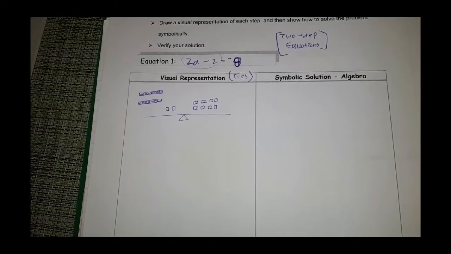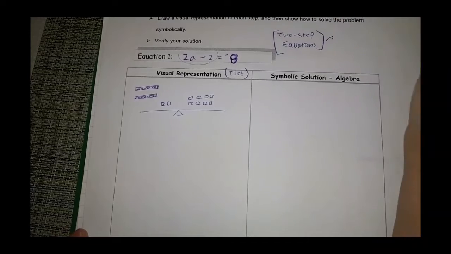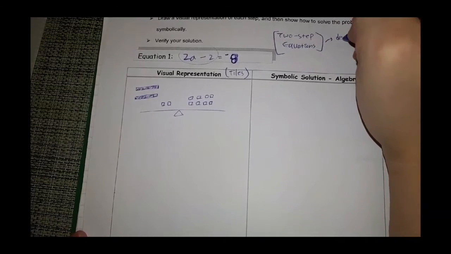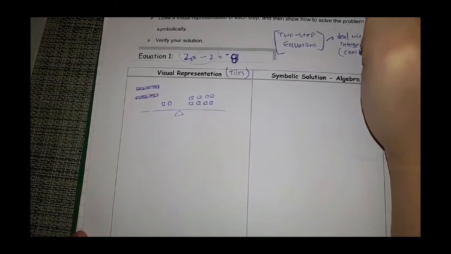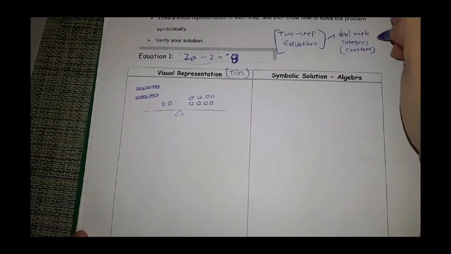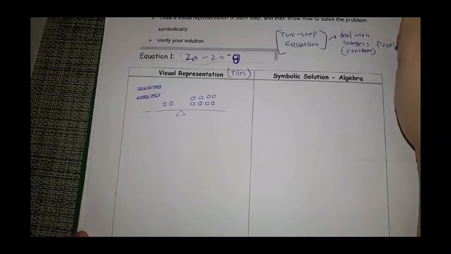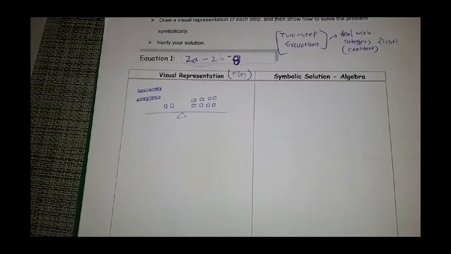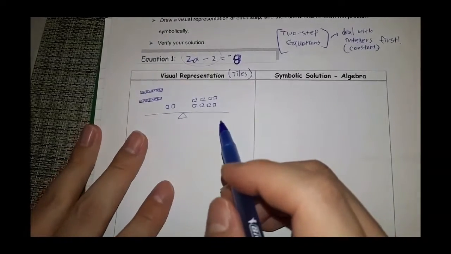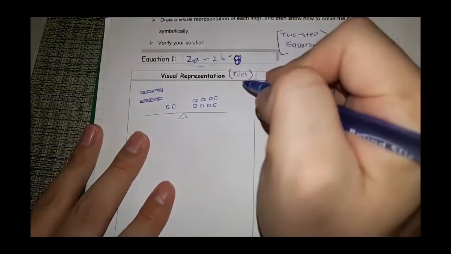Now, here's the thing. When it comes to a two-step equation, I want you to deal with integers, so in that case, the constant value first. And obviously when it comes to visual representation, we're gonna do something I like to call a zero pair.